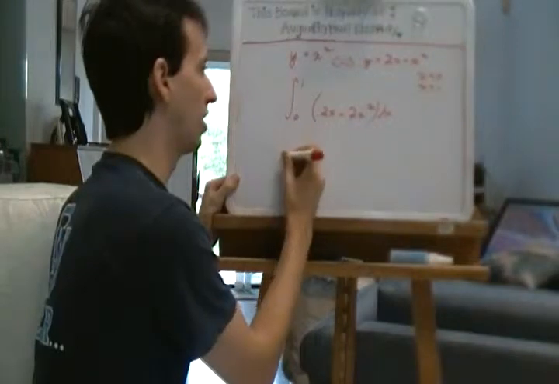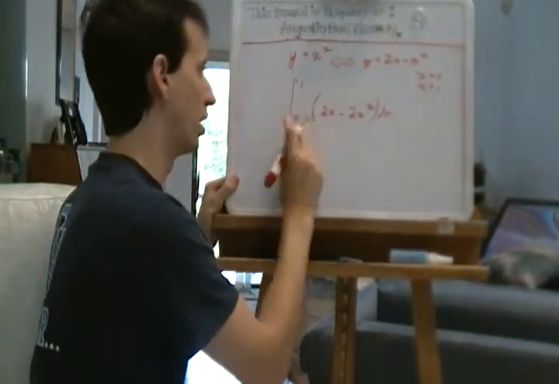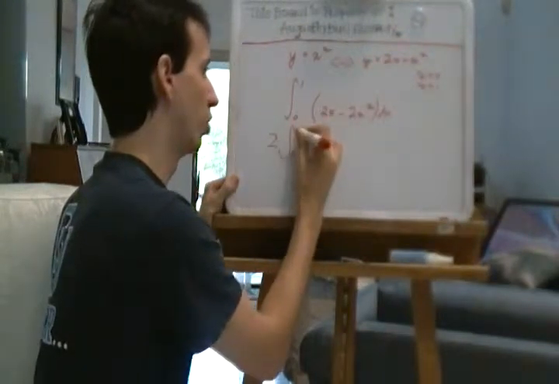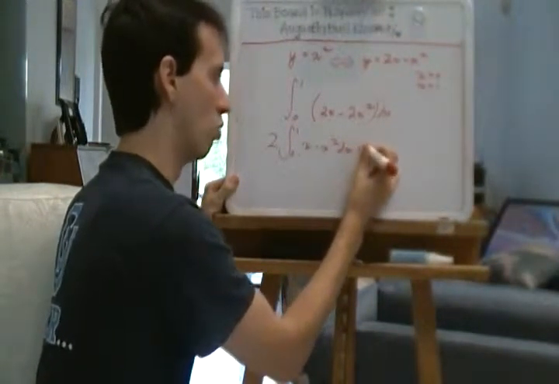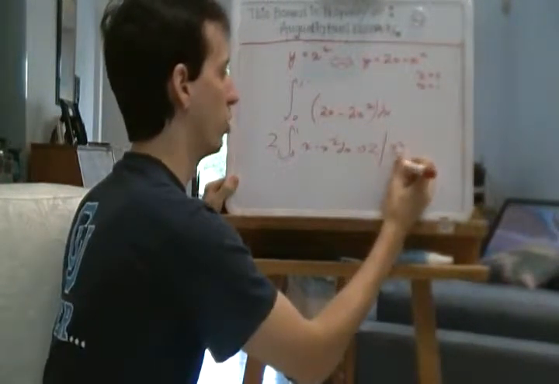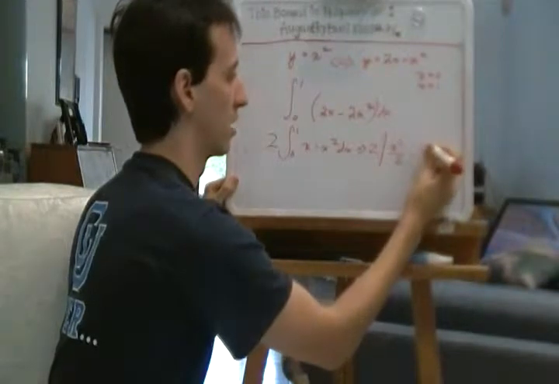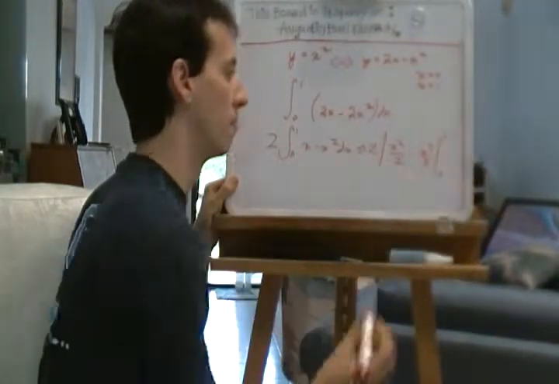And this is a very easy integral to solve because, first of all, we can take out the 2 between 0 and 1 to get x minus x squared dx, which makes it even easier because then we're just looking at x squared over 2 minus x cubed over 3 between 0 and 1.